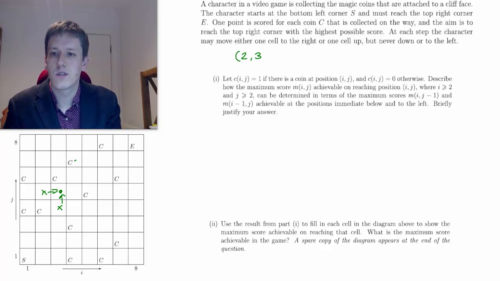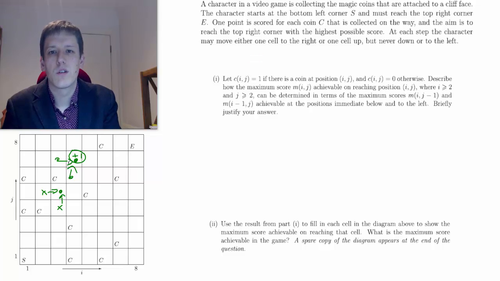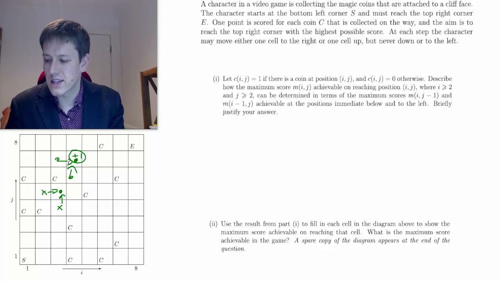Whereas if the square is one that has a coin in it, it'll be the maximum that I could have got from here or from here, but then plus 1, because I'm now also scoring an extra coin when I achieve entry into that cell.